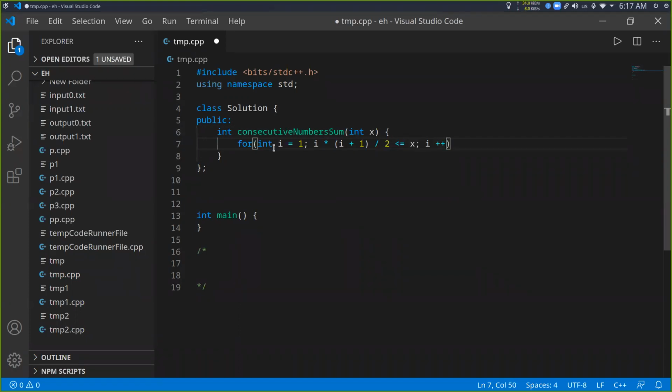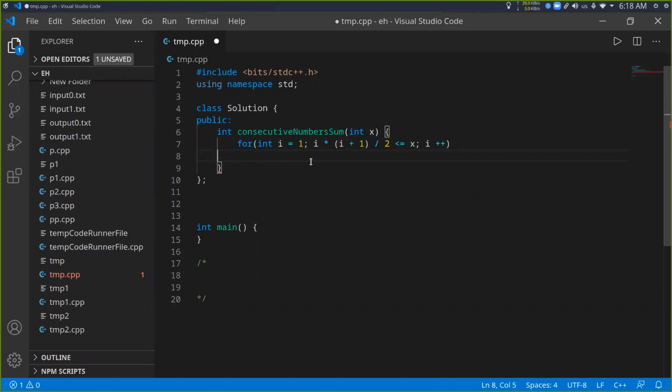Did you get that? I'm increasing i, so i will be 1, then 2, then 3. And if at some point i times i plus 1 over 2 is greater than x, then I'll not continue the loop, because I'll now have consecutive integers starting from 1 with a sum greater than x. So I cannot make anything smaller than that.